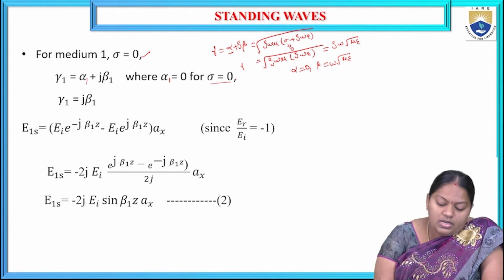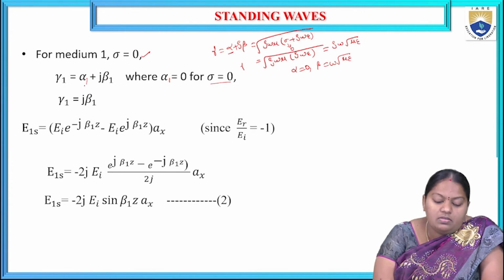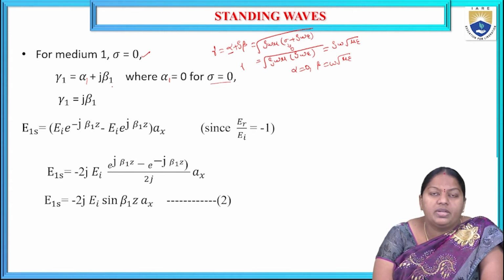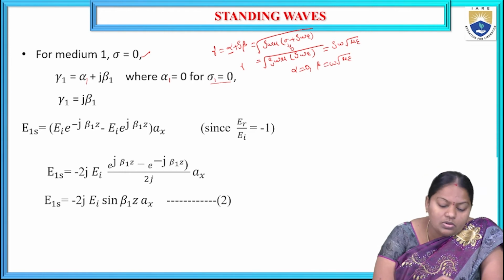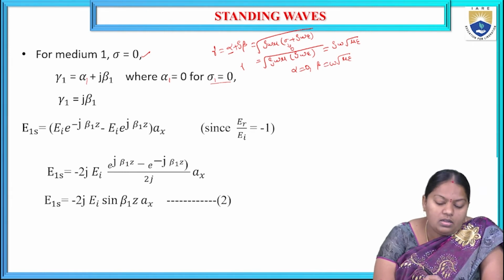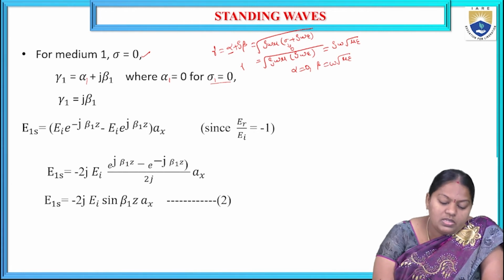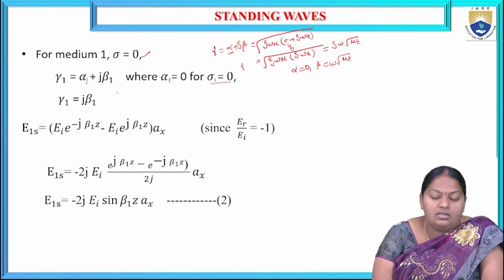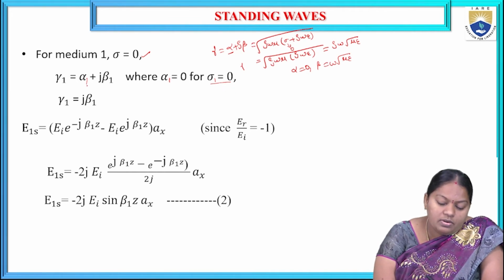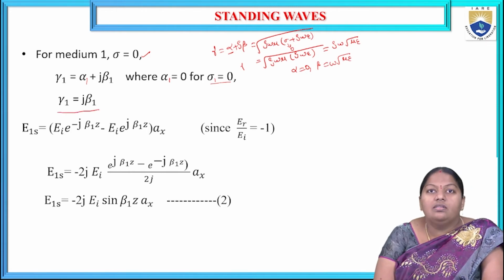Okay, now from that analysis, γ1 is equal to α1 plus jβ1, where α1 equals 0 for σ1 equal to 0. We are talking about medium 1, hence all the notations are represented with 1 only, right? Now if we consider α1 as 0, then γ1 is replaced by jβ1.